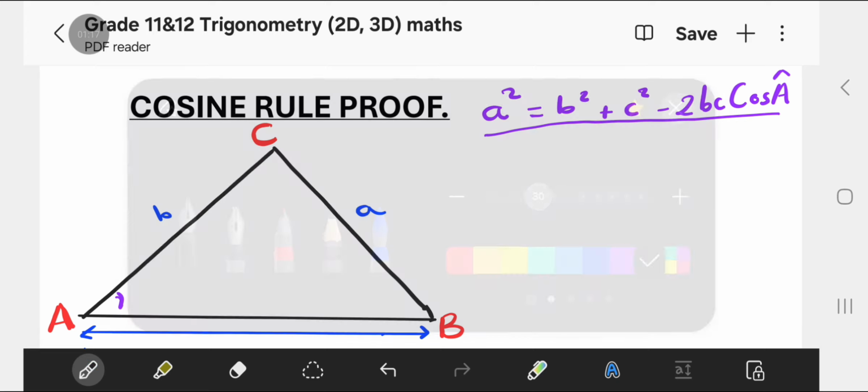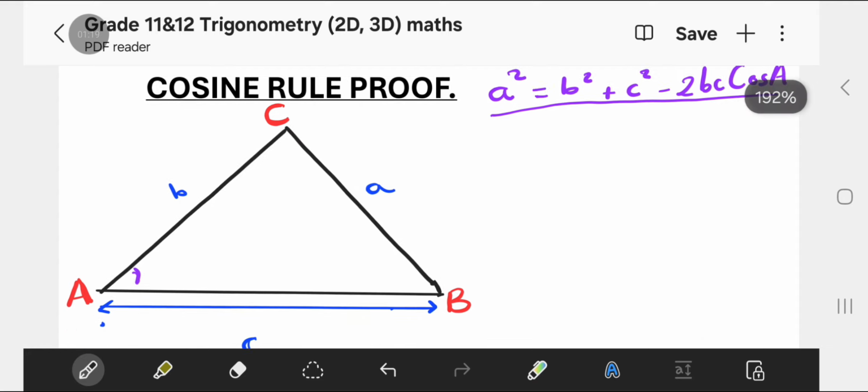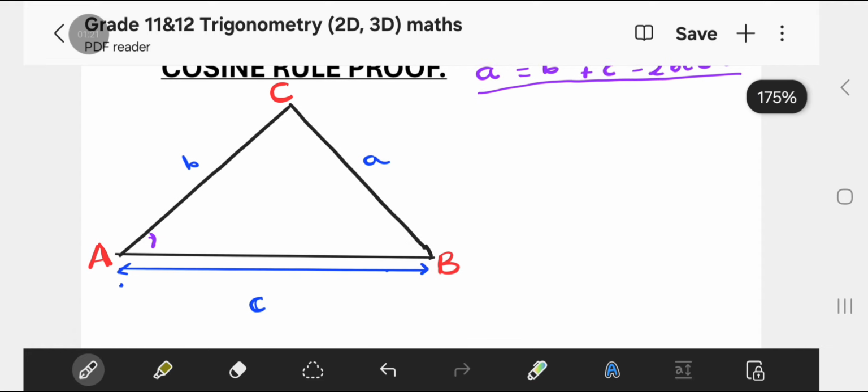So let's just see. So how do you construct? So first we said we need to construct. So what are we constructing? We are constructing this line from angle C to line AB, and it must be perpendicular.